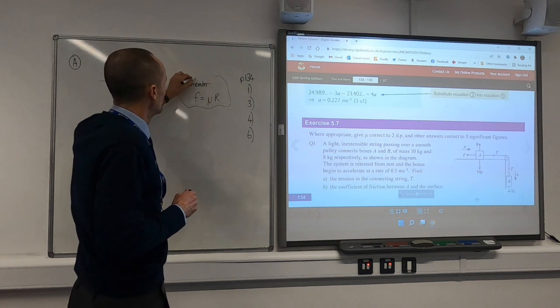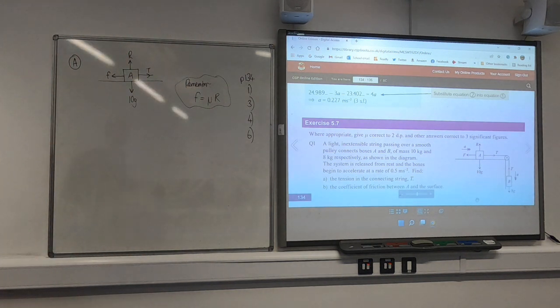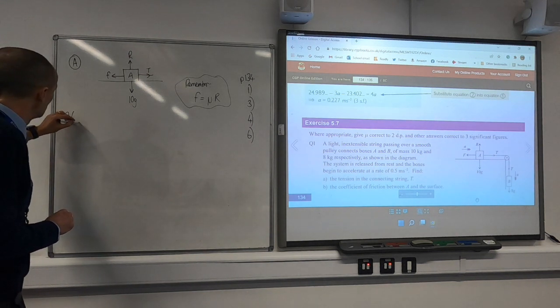The maximum value of friction, which will always be in effect when it's moving, is mu times R. That's why I'm starting by resolving that.